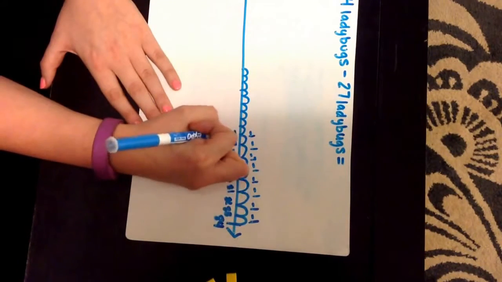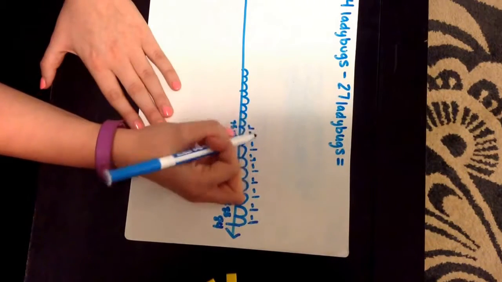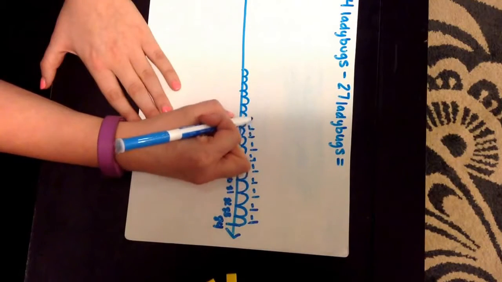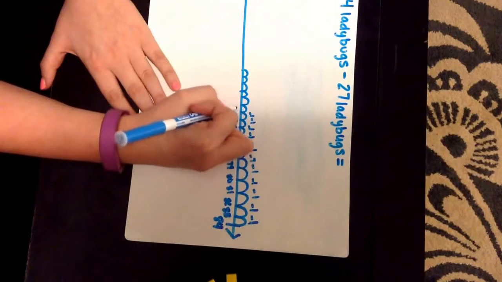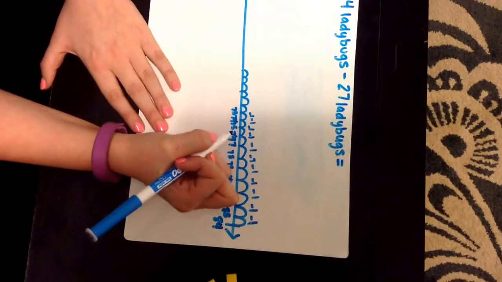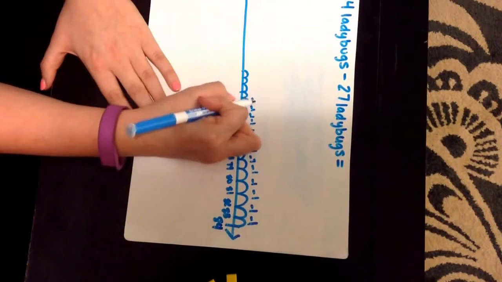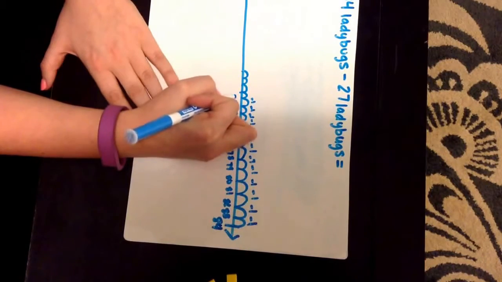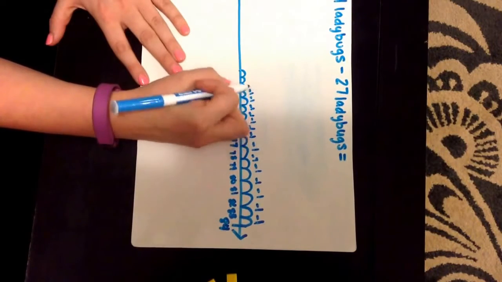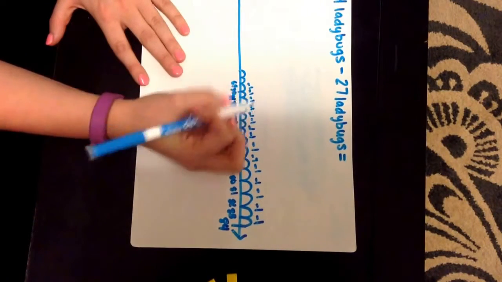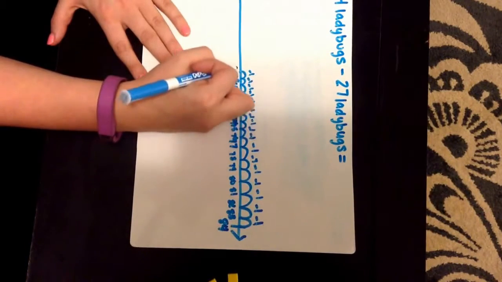So from 77, 76, 75, 74, 73, 72, subtracting 1, 71, subtracting 1, 70, subtract 1, 69, subtract 1, 68, subtract 1, 67.